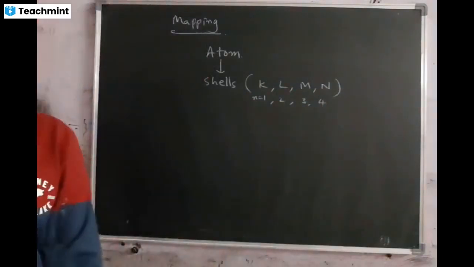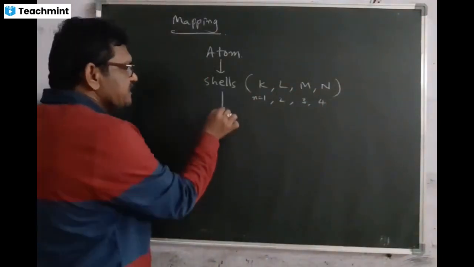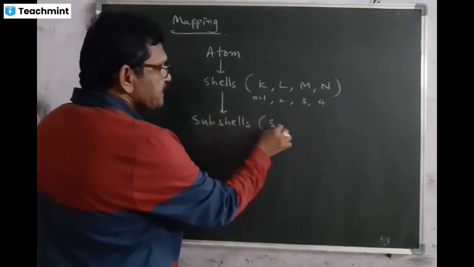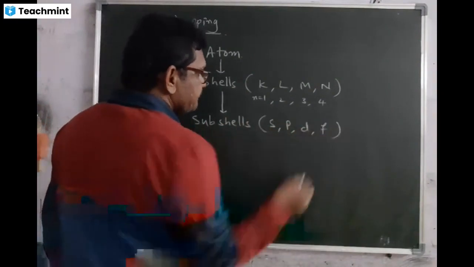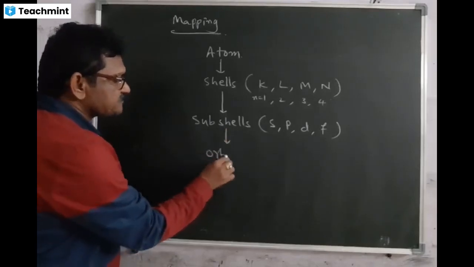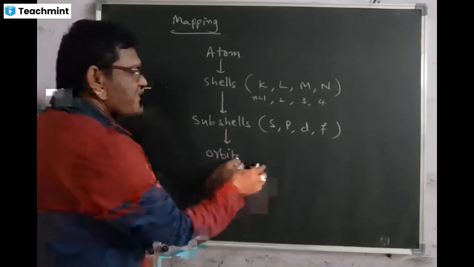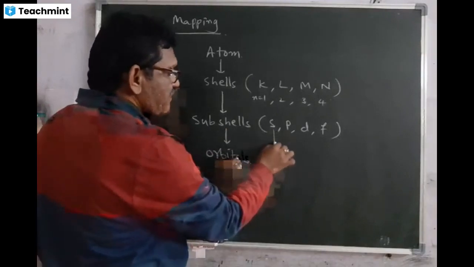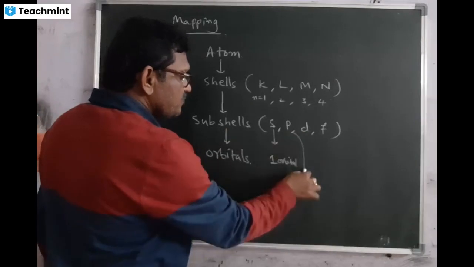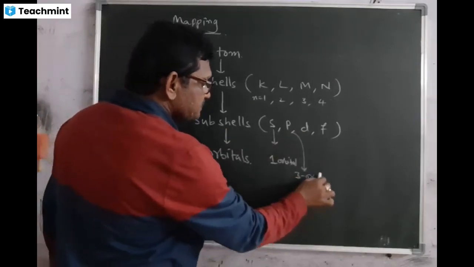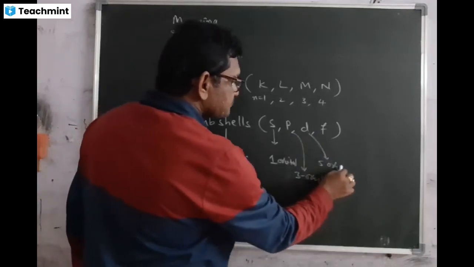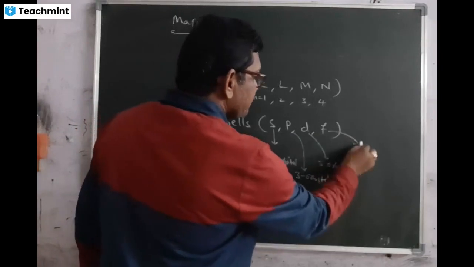Again, cells contain subcells: s, p, d, f. Subcells contain orbitals. S contains one orbital, P contains three orbitals, D contains five orbitals, and F contains seven orbitals.